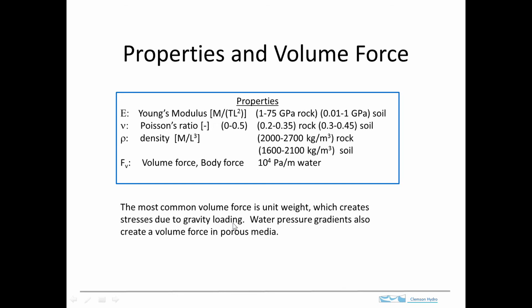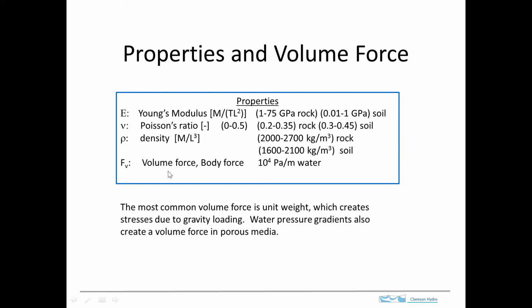Okay, so the properties that we need to be able to come up with are the Young's modulus and Poisson's ratio. These are material properties, the density of the material, and so we'll need all of those in any case.